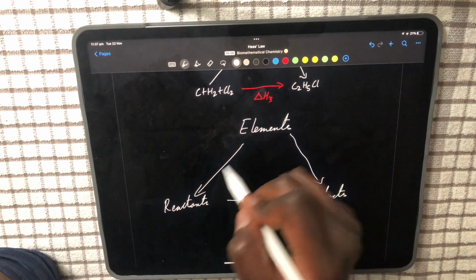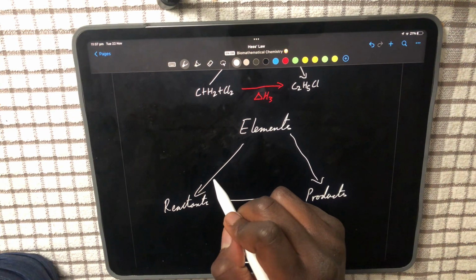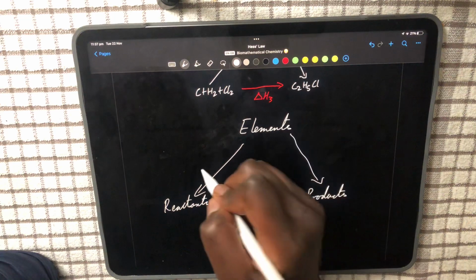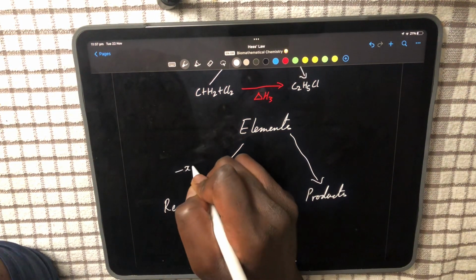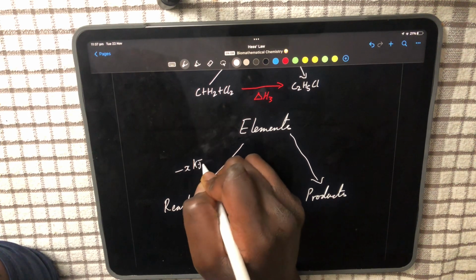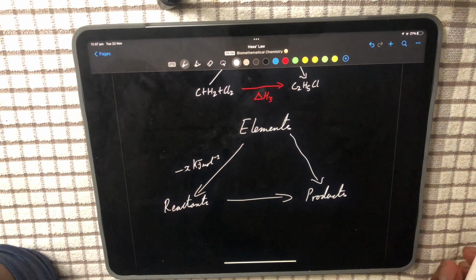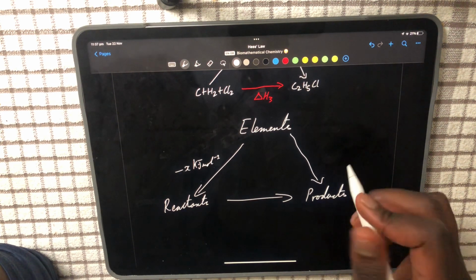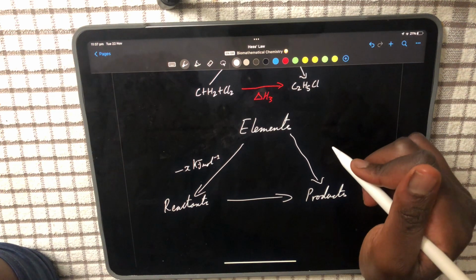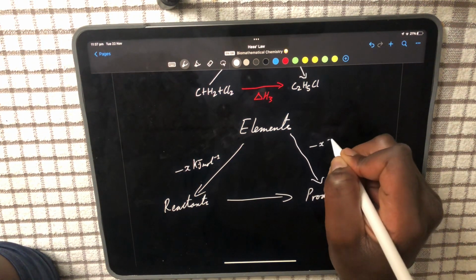And this, from elements to reactants, is bond forming, so it would be an exothermic reaction. So this would generally be a minus value, so minus X kilojoules per mole. And then this would be from elements to products. This would also be a negative value, minus Y kilojoules per mole.